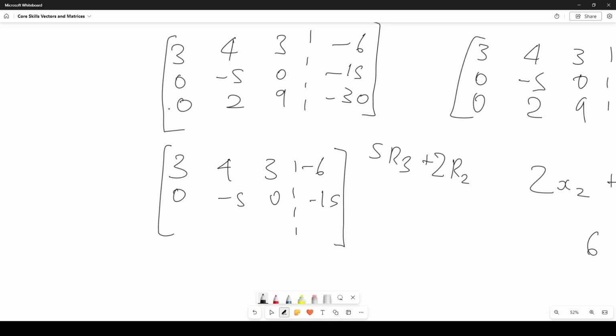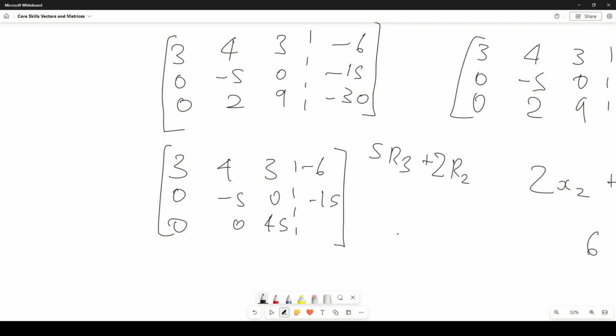So 5 times 0 is 0, plus 2 times 0 is 0. Perfect, this has stayed as 0. 5 times 2 is 10, plus 2 times minus 5 is minus 10. So that's a 0, which is great. 5 times 9 is 45, plus 0 is just 45.